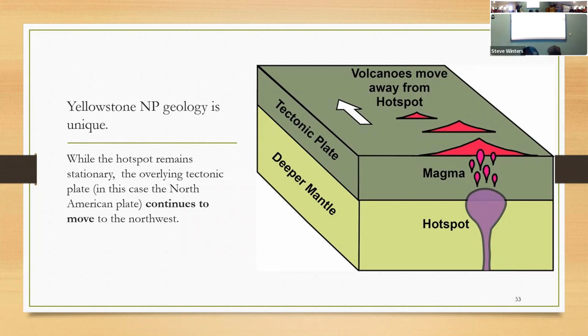So the plume stays stationary, the plate moves. So my water bottle is the hotspot, and this is the lithospheric plate. Moving like that, you'll get a burn pattern on your plate, which tracks the movement and rate of movement of the plate relative to the stationary plume.